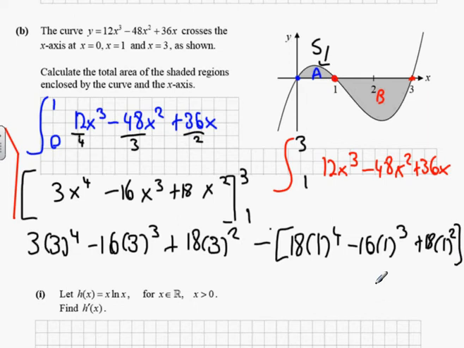We already know that this part is 5 from earlier, and for this one here, 3 times 3 to the power 4 minus 16 times 3 cubed plus 18 times 3 squared, what we get is actually minus 27.